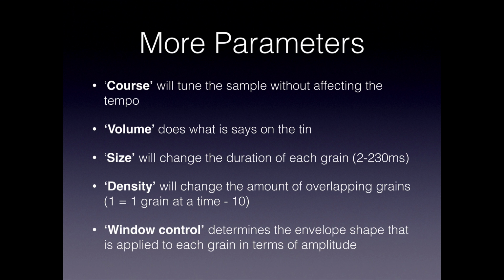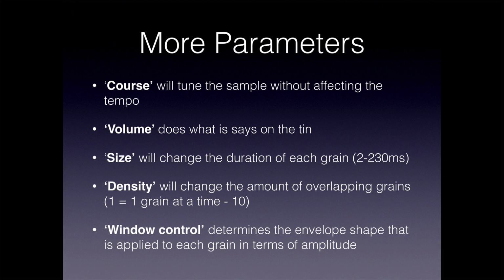We can pitch the audio down without affecting the actual tempo. We can change the volume, which is pretty much what it says on the tin. We can change the size of each grain, anywhere from 2 to 230 milliseconds in Alchemy.